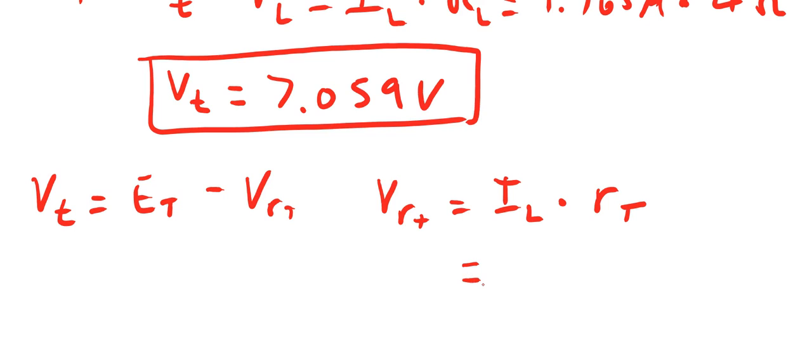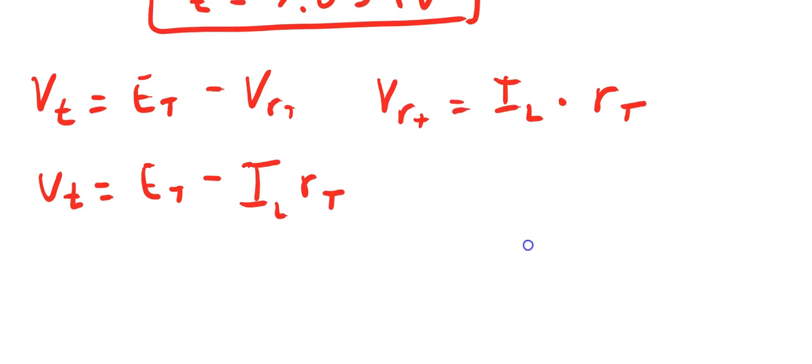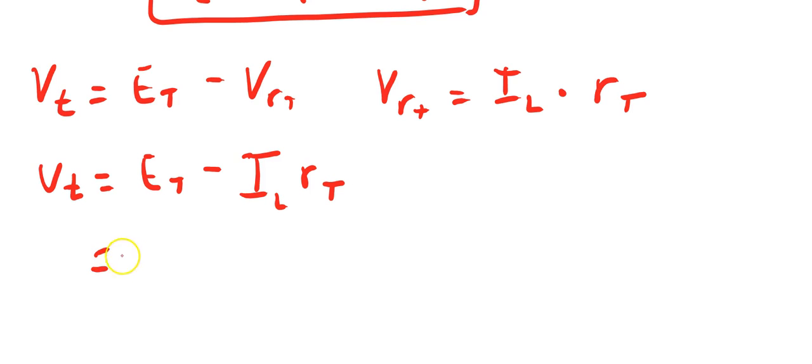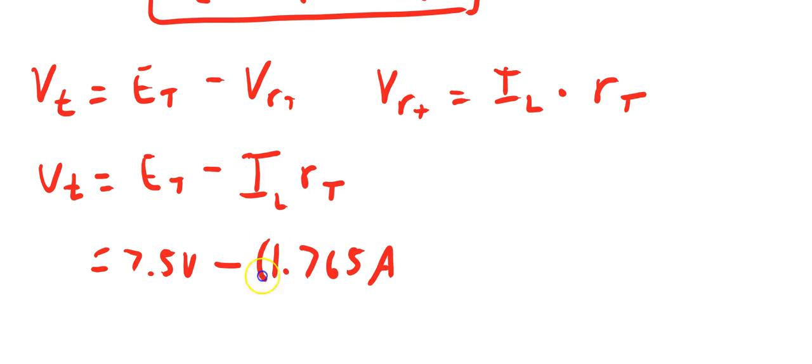And therefore, we can say VT is equal to ET subtract IL times RT. And if we do that, we can say 7.5 volts subtract 1.765 amps times 0.25 ohms.